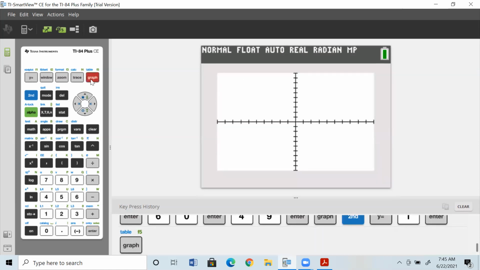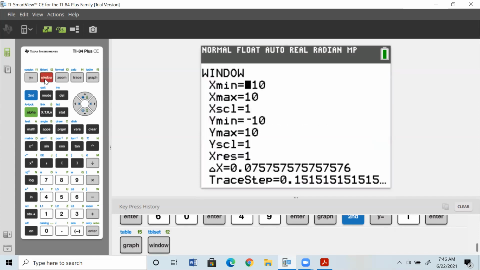Even if we press graph again, you'll notice that we still do not see any of these points plotted. The reason for this is our calculator starts off with a -10 to 10 viewing window. If you press window on your calculator, you'll see the X-min and X-max -10 to 10 and the Y-min and Y-max -10 to 10.